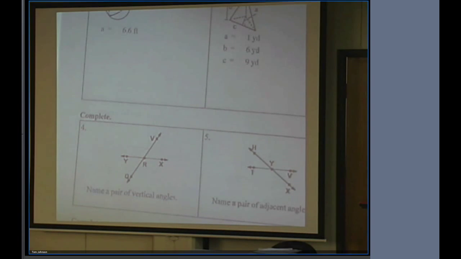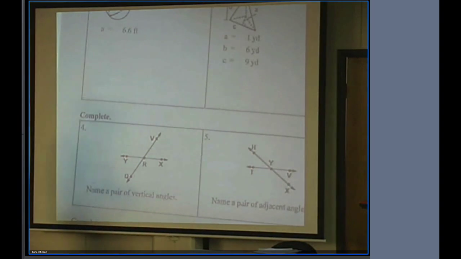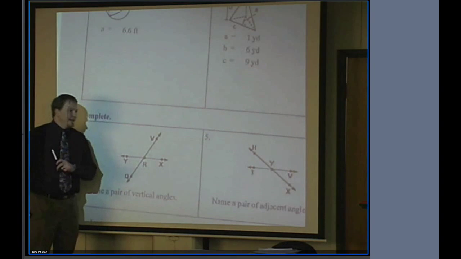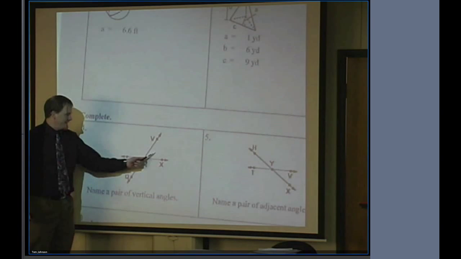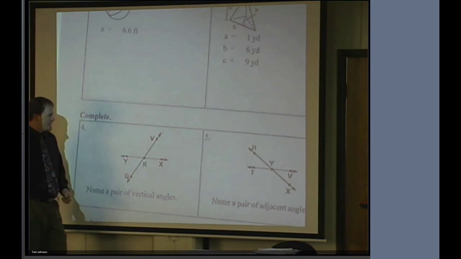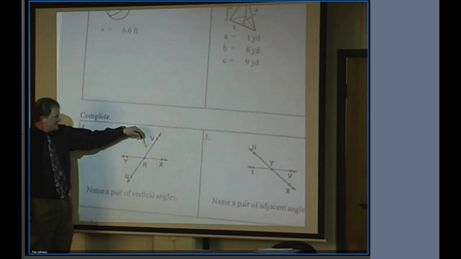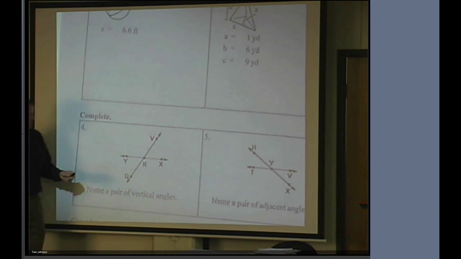Now, vertical angles are, as one of my students when I was teaching defined it, birds' beaks kissing. This one and this one, birds' beaks kissing. Or you've got birds with really tall beaks kissing, right?